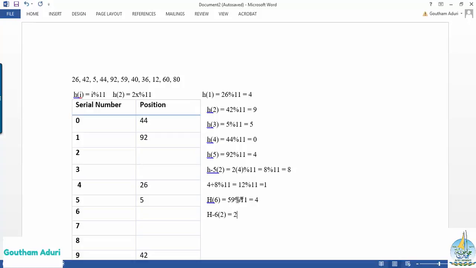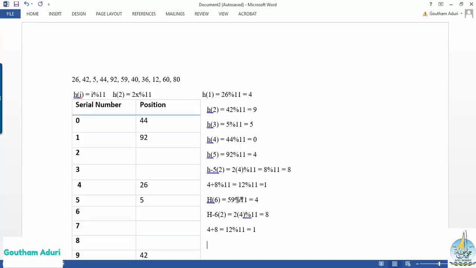So 2 into 4 mod 11, 8 mod 11 is 8. Now 4 plus 8 is 12, 12 mod 11 is going to be 1. It is also getting a collision.